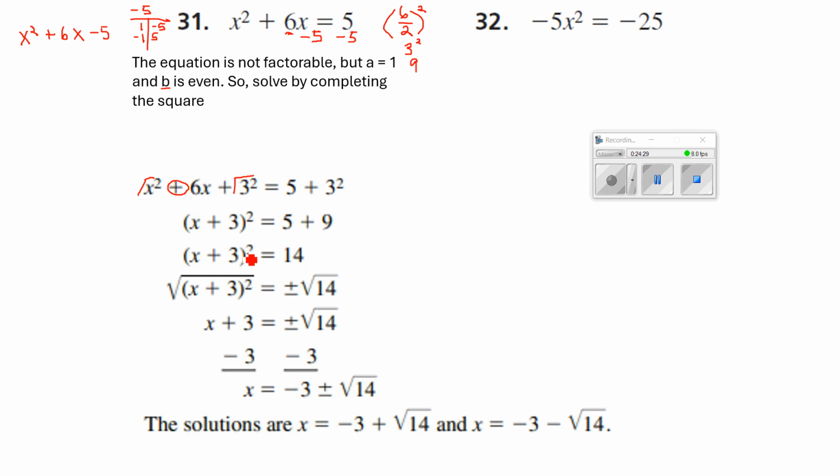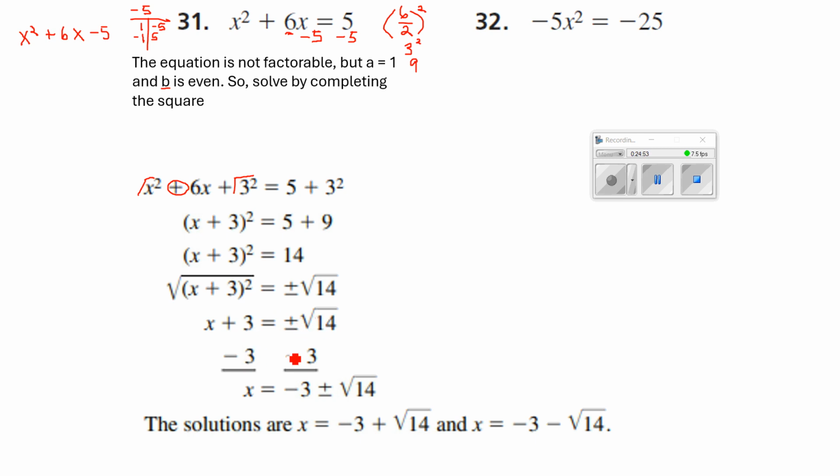Now we're going to go ahead and get the square root of x plus 3 squared and of 14. So the square root of 14 is really just plus or minus the square root of 14. There is no number that multiplied to itself will give us 14. Square root of x plus 3 squared is going to be x plus 3. So now we have x plus 3 equals plus or minus square root of 14.